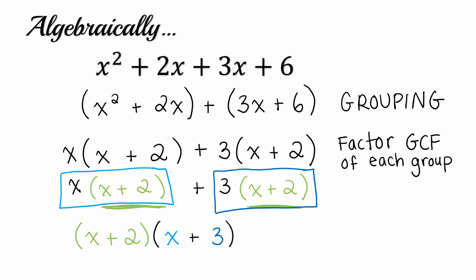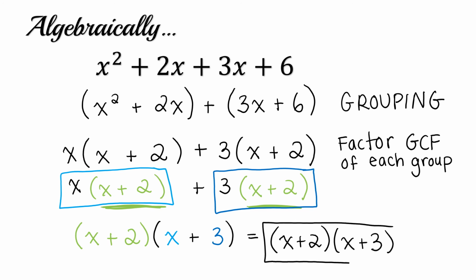So I can factor out that whole expression that is the quantity of x plus 2, and I'm left with the quantity of x plus 3 on the inside. So the factored form of my expression is the quantity of x plus 2 times the quantity of x plus 3. And that is how you factor by grouping.